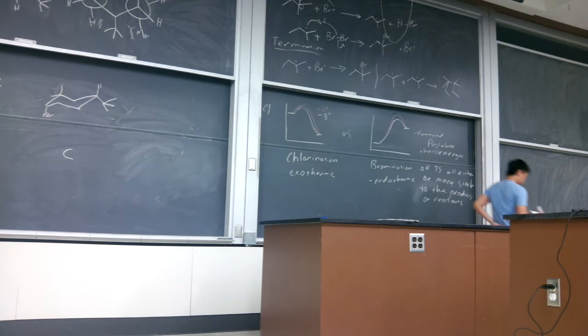Okay, so part D. Alright, so for part D, before I start, I just want to tell you that whether you put the Br2 like the way I have it on the paper or like this, it doesn't make a difference, right?